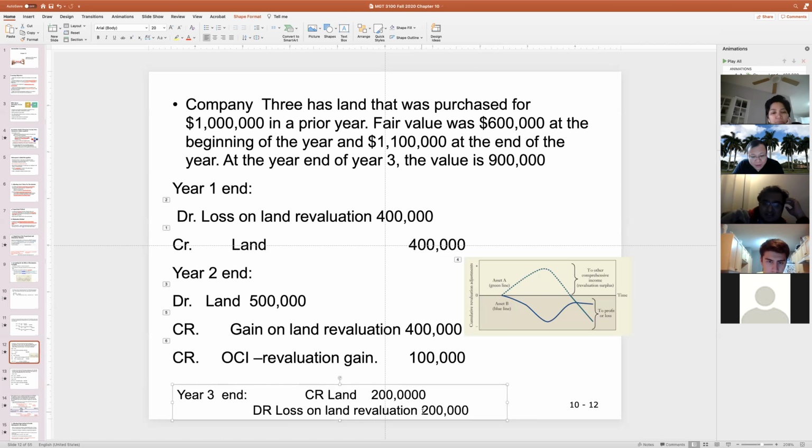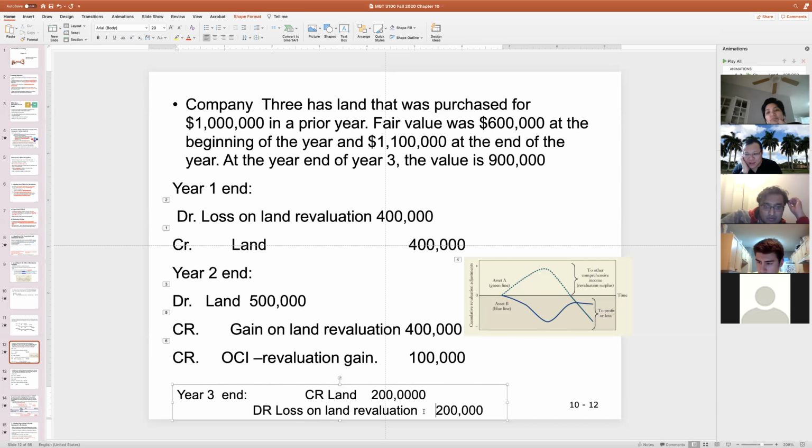Wouldn't the loss on land revaluation be 100,000? Okay, and then what about the other 100? The OCI revaluation gain. Oh, wait, yeah, you're right.